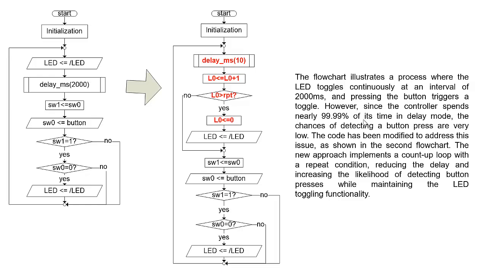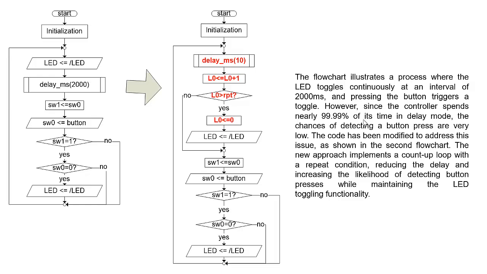Then if the loop is greater than the repeat, say 200 times, we reset the loop to 0 and then toggle the LED. Equally, we can provide time for the processor to read the push button and to toggle the LED.